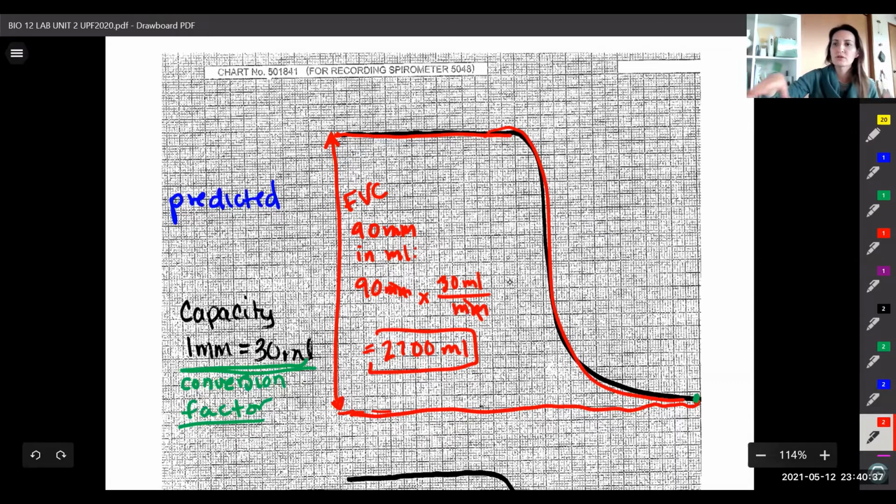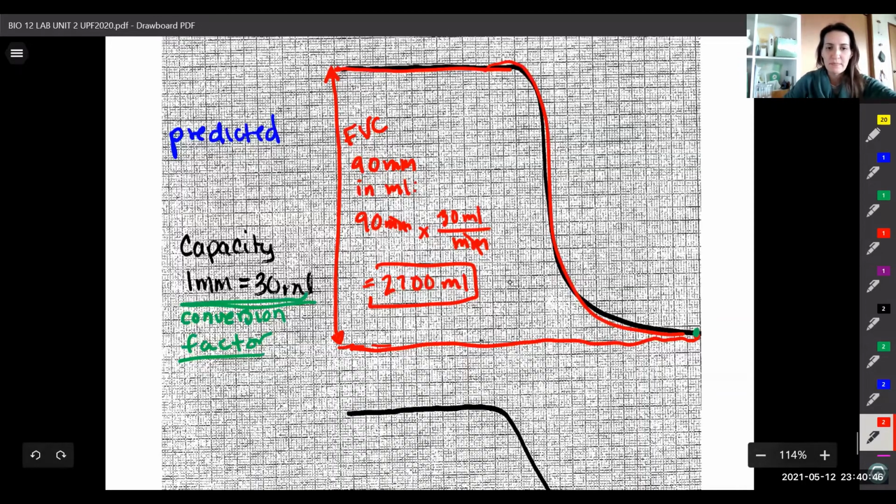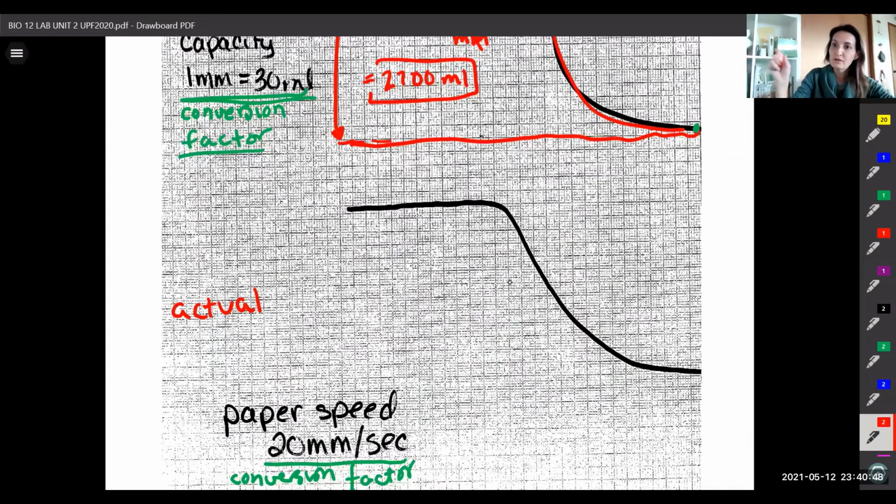Now, how about measuring the FEV1? To get the FEV1, we need to take into account the paper speed. It's telling us that for an interval of 20 millimeters in distance, that equates to 1 second. And we want to find the volume that was exhaled in the first second.